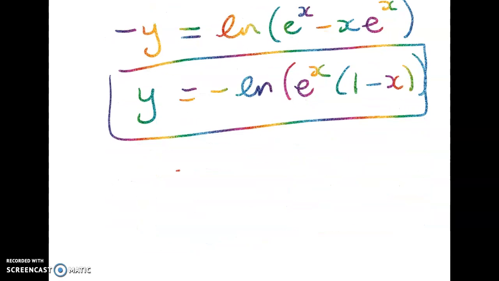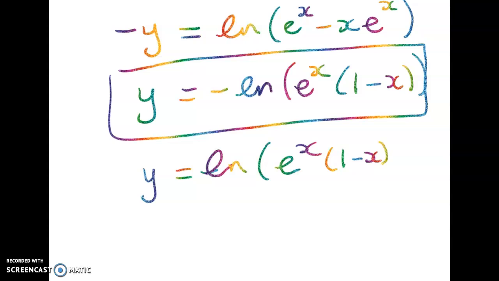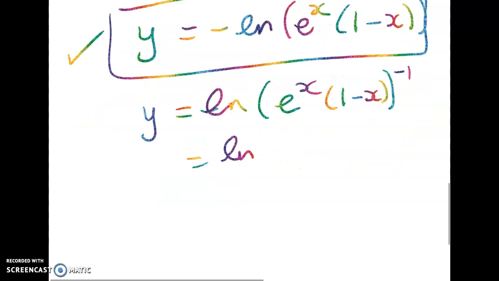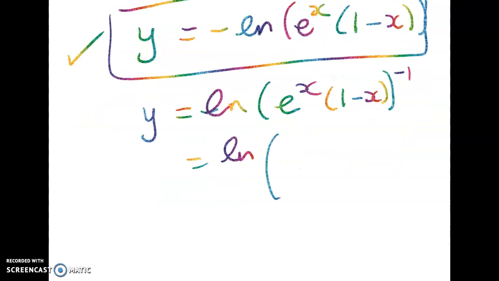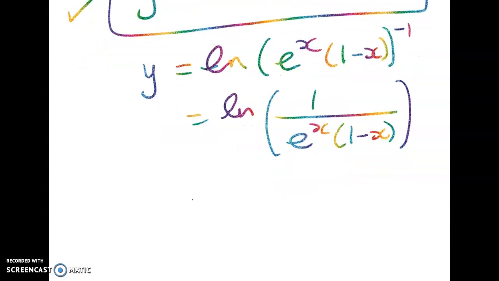I guess the only other thing we could do is we could say that y is equal to, let's rewrite this, we could do it a little bit more nicely. We could do log of e to the x times 1 minus x to the power of negative 1. I think it's fine to stop there though. And this gives me log of 1 over e to the x times 1 minus x, which is equal to the log of, well, we can just leave it like this, I think.